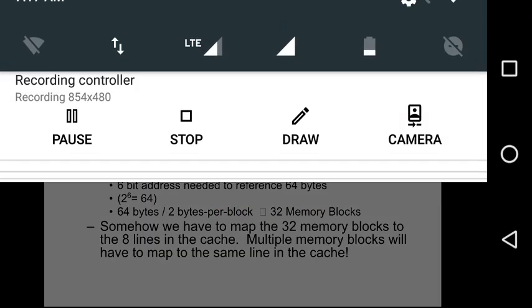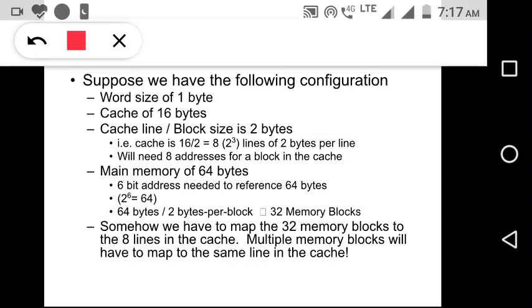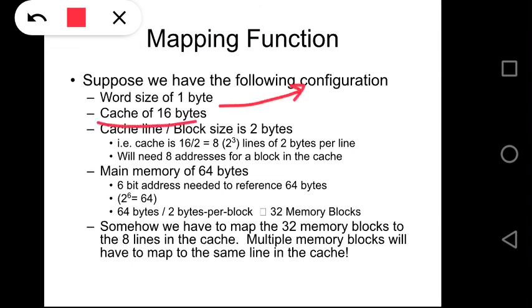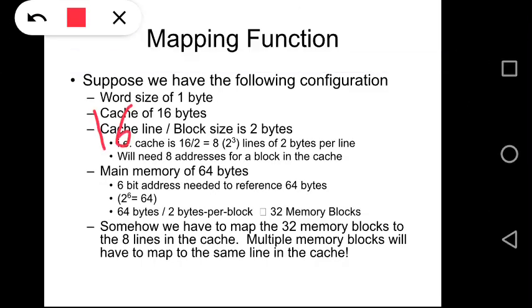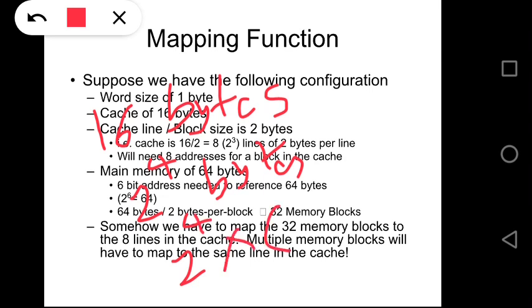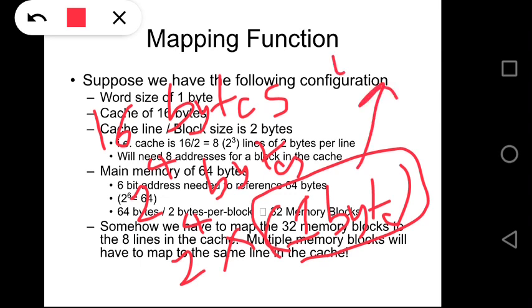Now the cache size. The word size is 1 byte. Cache is of 16 bytes. Now you should understand, cache size is 16 bytes. 16 can be written as 2 power 4 bytes. Now 2 power 4 can be written as 2 power 4 into 1 byte. So 1 byte is the capacity of one word.